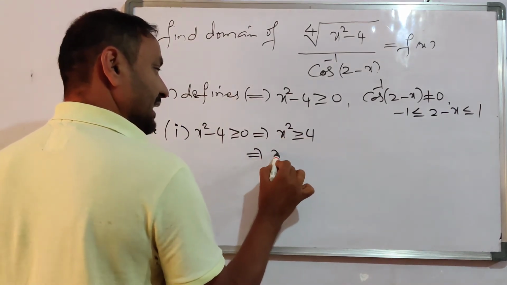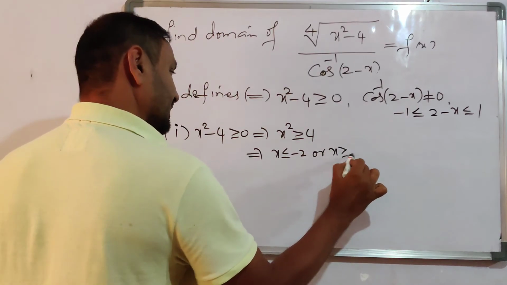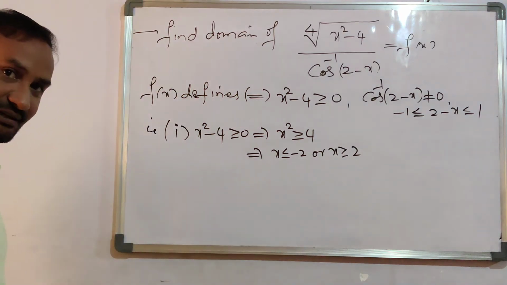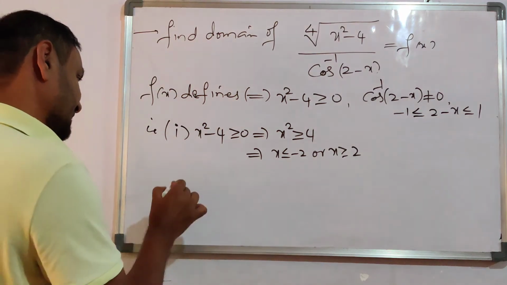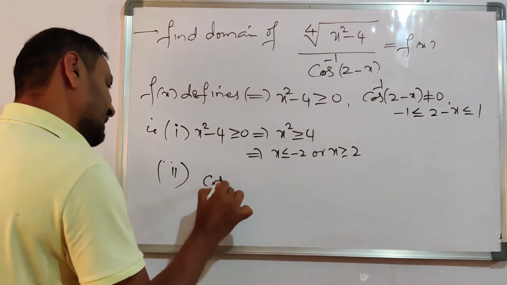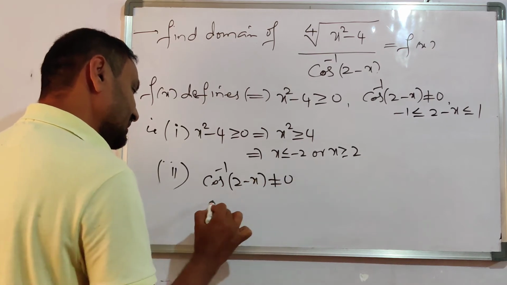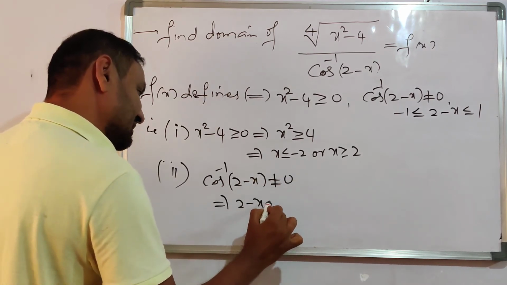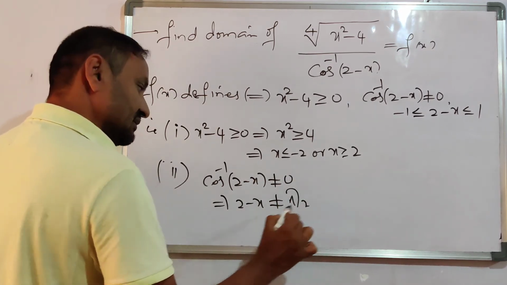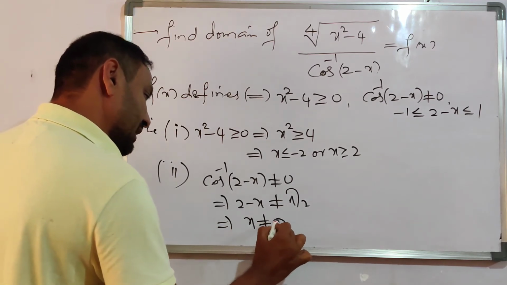That implies x less than or equal to minus 2 or x greater than or equal to 2. First one completed. Second one, I am taking this as number 2: cos inverse of 2 minus x not equal to 0 means 2 minus x not equal to pi by 2. That implies x not equal to 2 minus pi by 2.